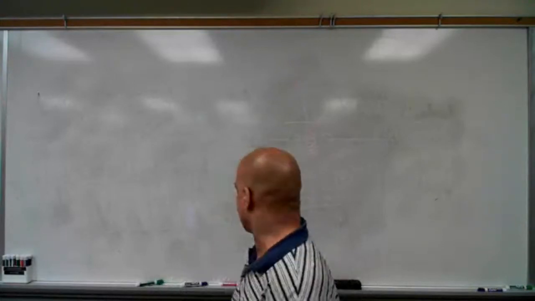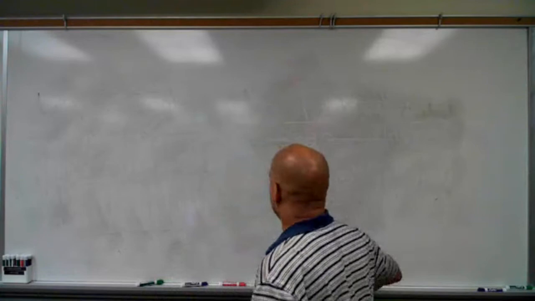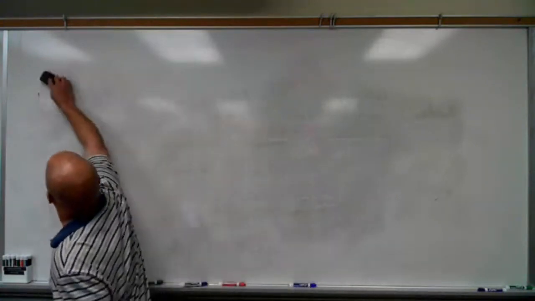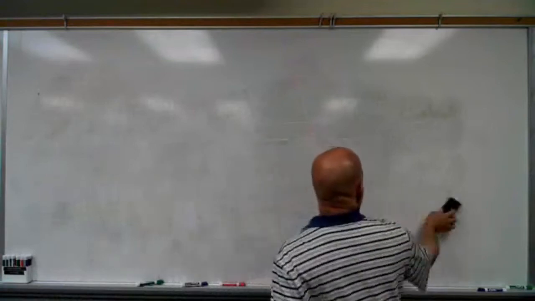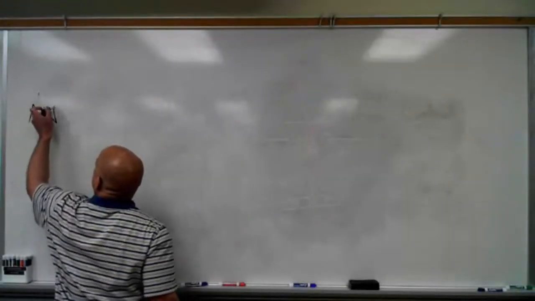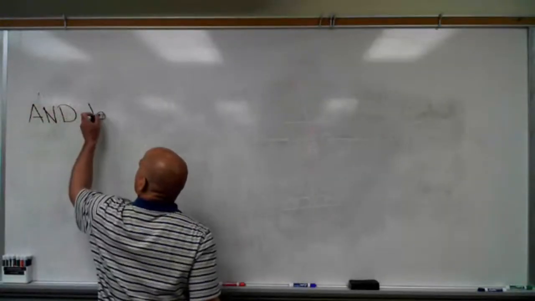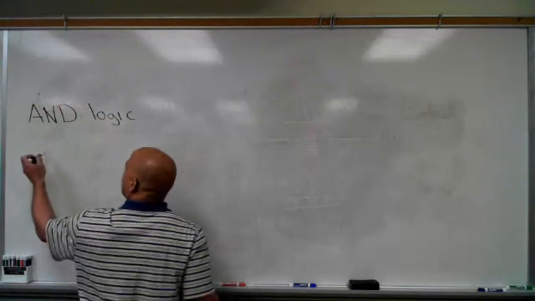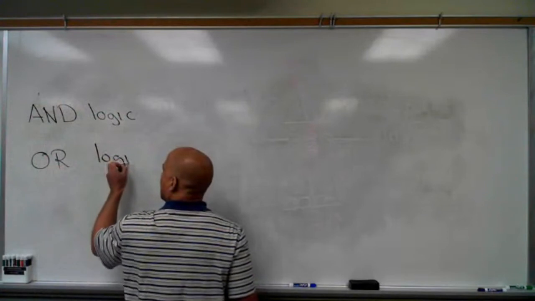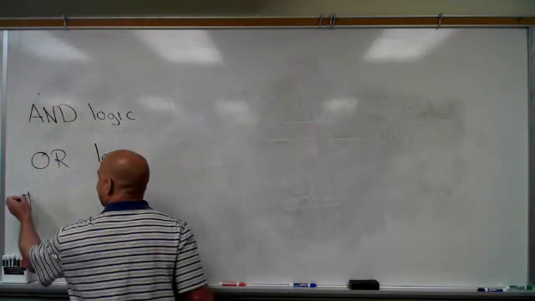I'm going to list them on the board. I'm going to explain two of them. One is a little hard to understand, so I may try to explain it. There is what we call AND logic, there's OR logic, and there's NOT logic.